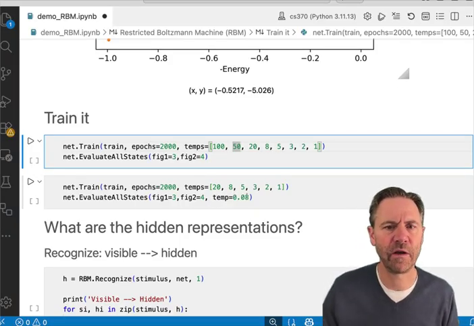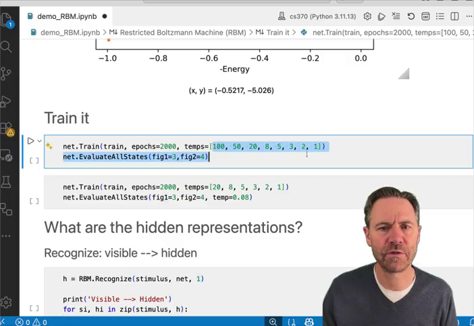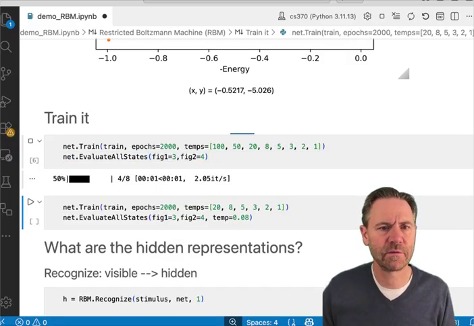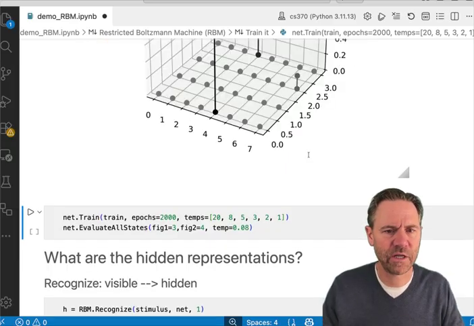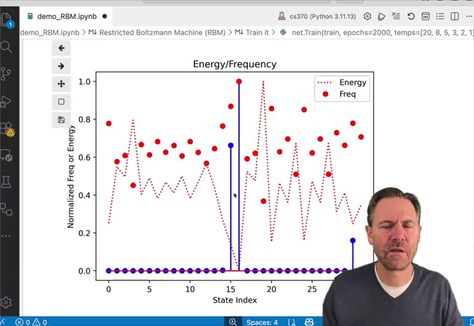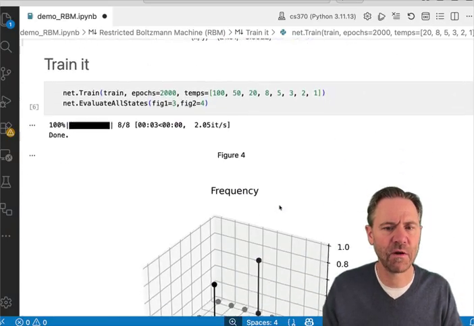You can see I've got a temperature profile where I turn the temperature down progressively. 2,000 epochs, it's all pretty quick. So after that first stage of training, you can see the profile of states is quite different. I've only got 3 states that show up a lot.